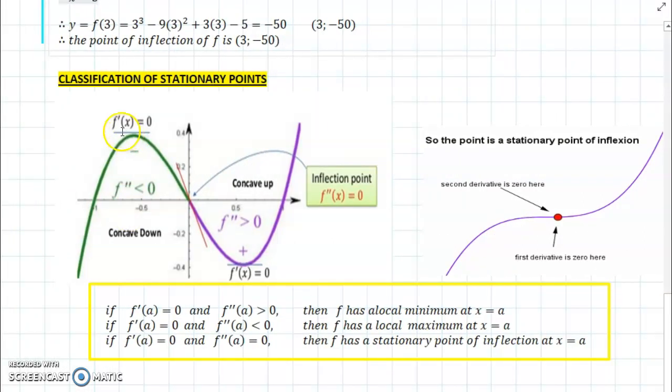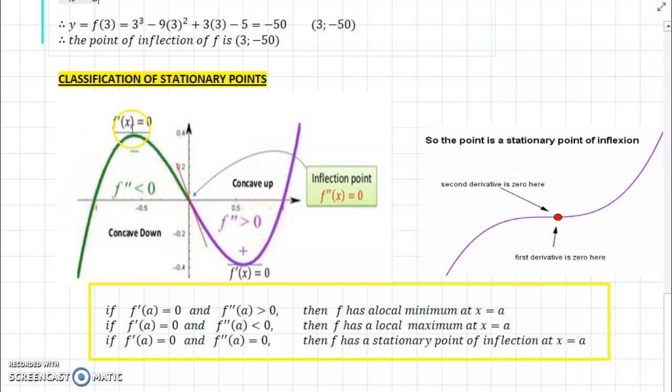So here we've got the stationary points. We know at a stationary point, the first derivative is 0. So we've got two stationary points there. And we know when it's concave down, the second derivative is negative. When it's concave up, the second derivative is positive.